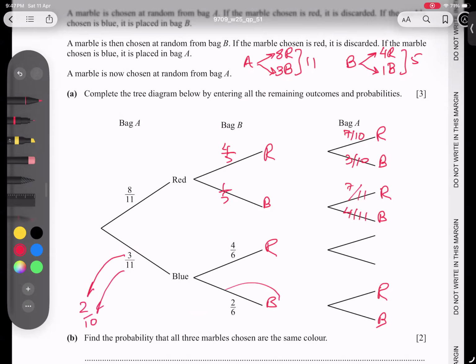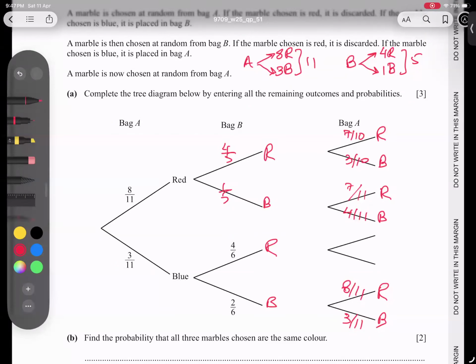But now when I add one blue here, this 2 becomes 3 by 11. I think you understand why I wrote 3 by 11. And out of 11, 3 subtracted, I got 8 over 11. I hope this part is very clear.